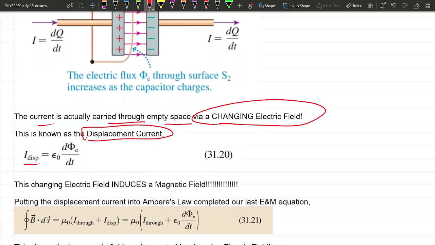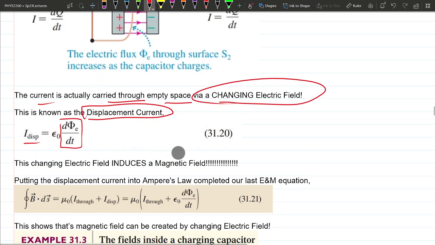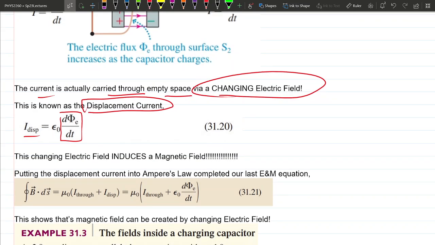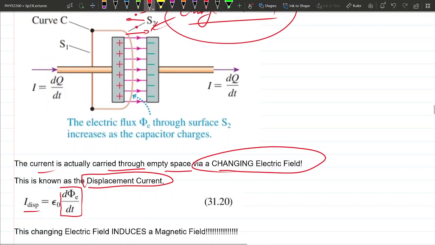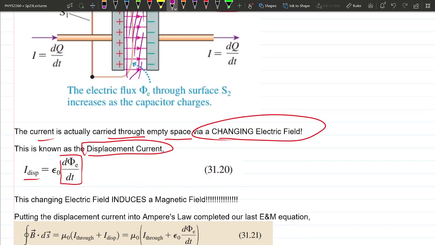In fact, the displacement current is the derivative of the electric flux, meaning whatever the electric field is in here, multiplied by the surface area of the capacitor plates. That's the flux. How much that flux is changing tells you how much displacement current you're going to get.